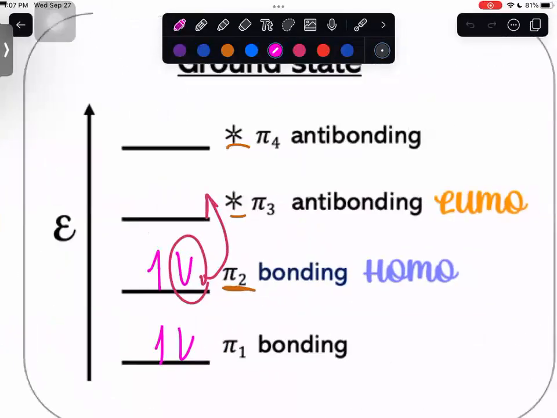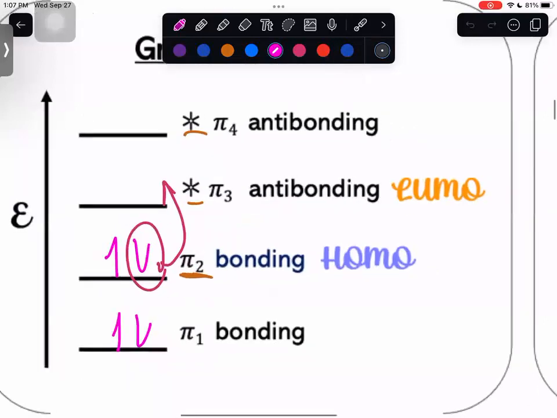Well, it's pi 3. That's the lowest in energy that doesn't have any electron. Technically, you have two orbitals that are unoccupied. It's just pi 3. That's how we label the orbitals. Okay, maybe doing the next example is going to clarify more of this concept.